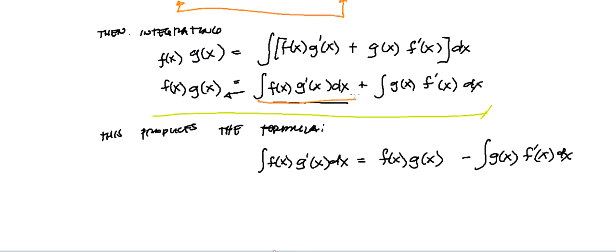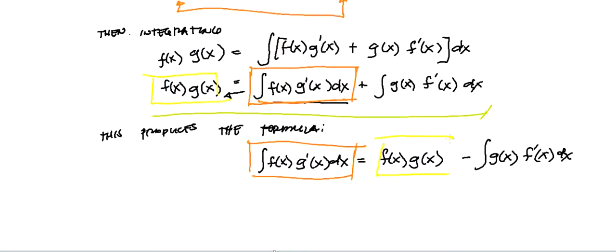In order for us to find the value of this term, this is the integrand, f of x g prime of x dx. From the equation that we established, we do the algebra by moving this term to the other side.